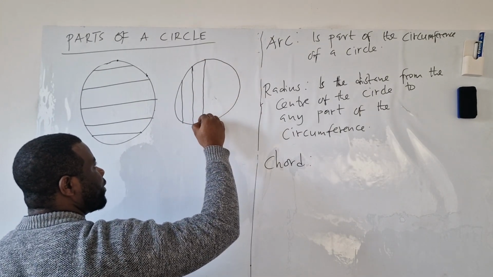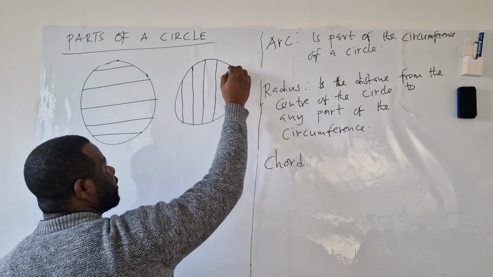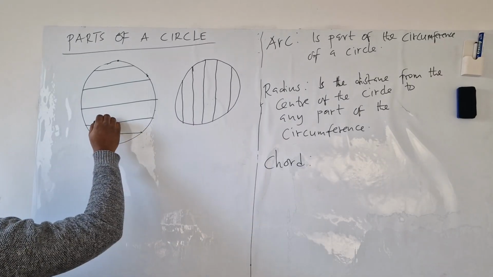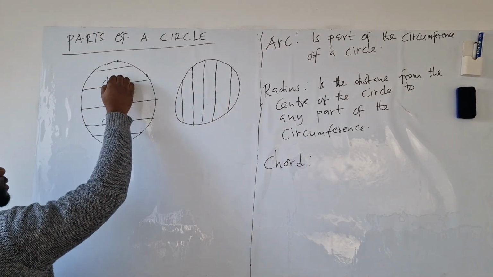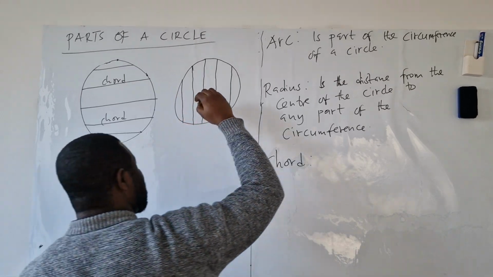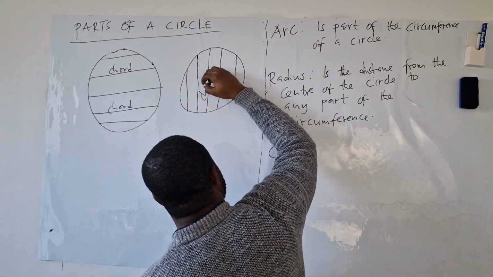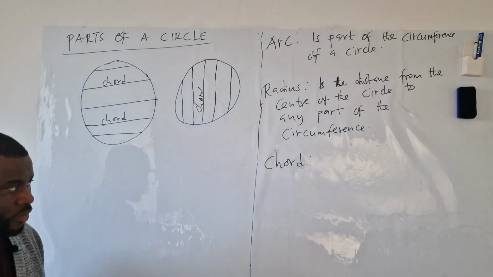It's a straight line. So these are all chords, right? Also a chord. So these are all chords.